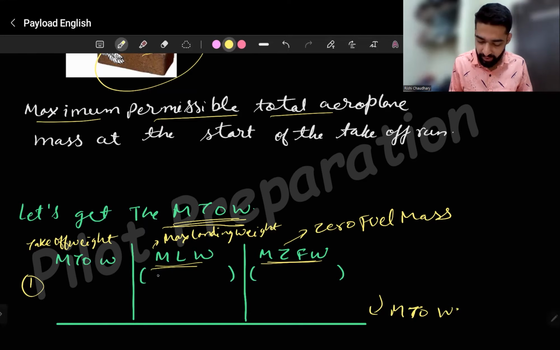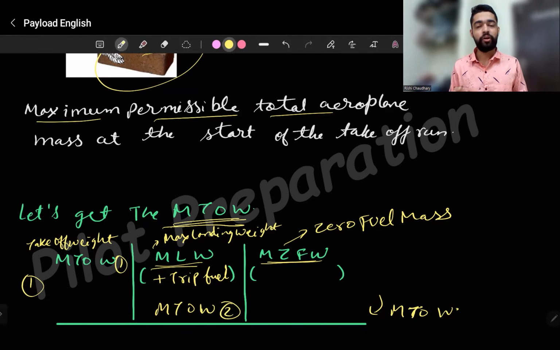So if I add trip fuel to the maximum landing weight, what will happen? I will get MTOW, that is nothing but maximum takeoff weight. This will be 1, this will be 2. I will get one more value of maximum takeoff weight, because maximum landing weight plus trip fuel should be equal to the weight at the start, whatever I had during takeoff. I should have the same weight, correct?